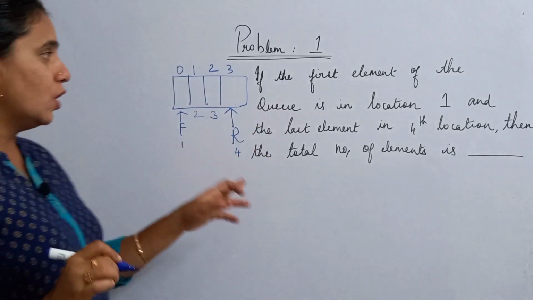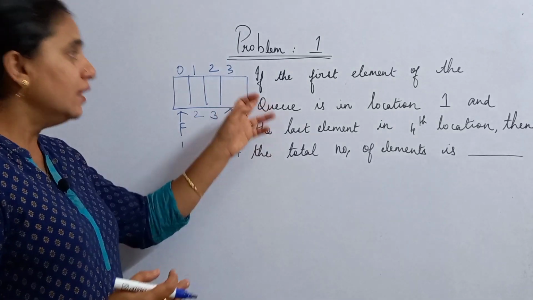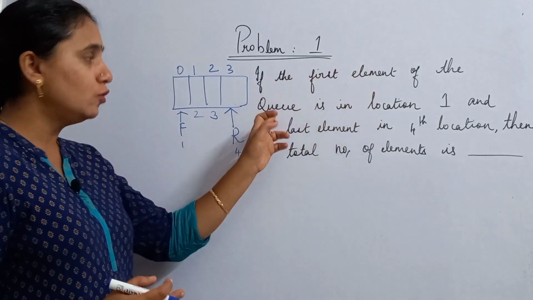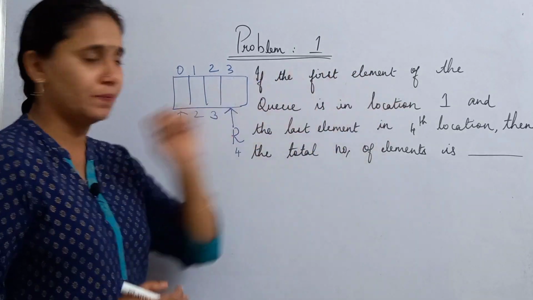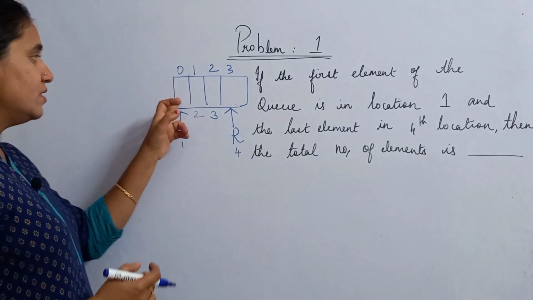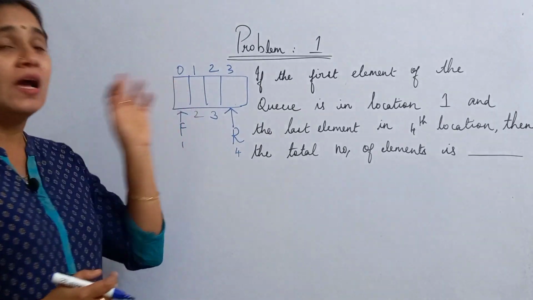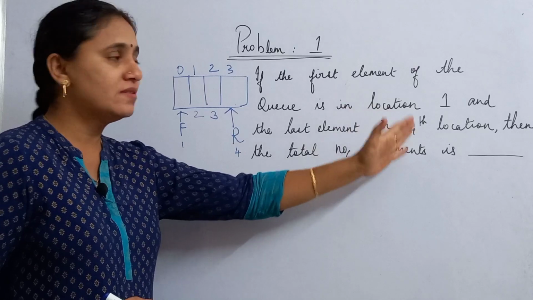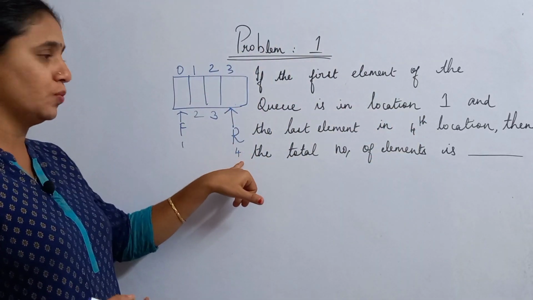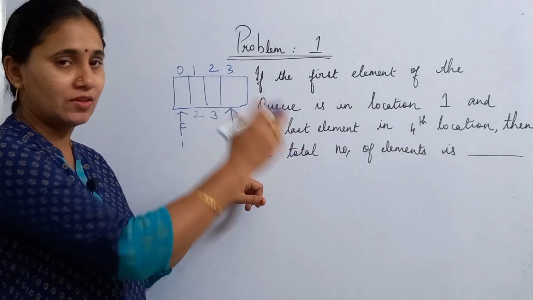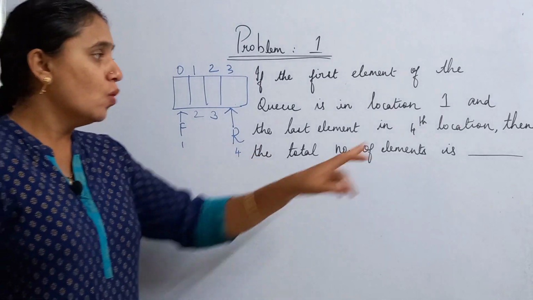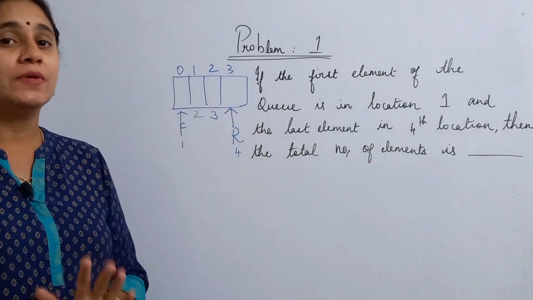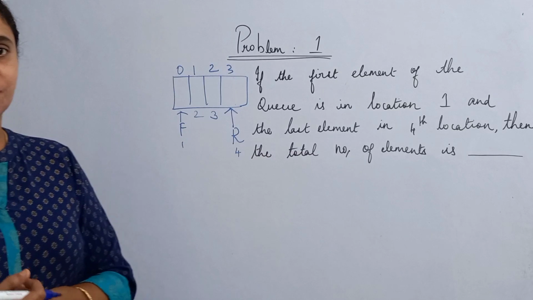Now they have given that the first element of the queue is in location 1. Suppose the first element is in this location and the last element is in the 4th location. So this is the 4th position. Okay, for an instance they have given. Now you have to find the total number of elements present in this queue data structure.